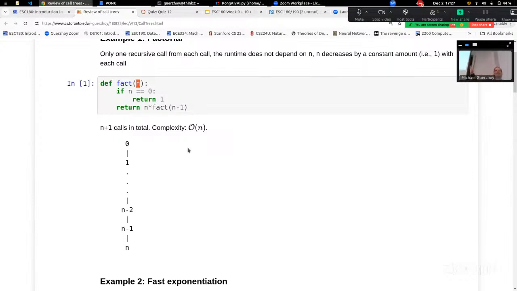Fun fact, if you ask ChatGPT, at least as of a few weeks ago, what's the complexity of this and explain why it is not O of n, ChatGPT says, no, what you're talking about, Jude, it's O of n. Because of that, they put this question on the TA application, saying, if n is an integer, what happens, and said, well, this is what ChatGPT says. Why is it wrong?